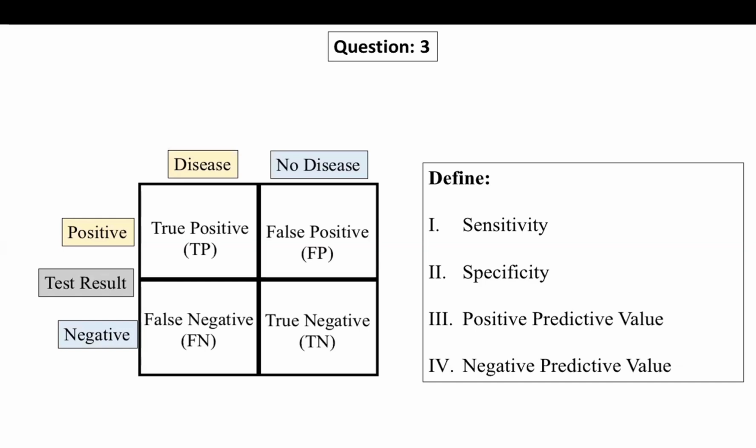Okay. So if a test has 90% specificity, it means that 90% of the non-diseased persons screened by the test will have a negative result. Okay? Yes. Okay. And what about positive predictive value? PPV is defined as the probability that a patient with a positive result has the disease. Okay.